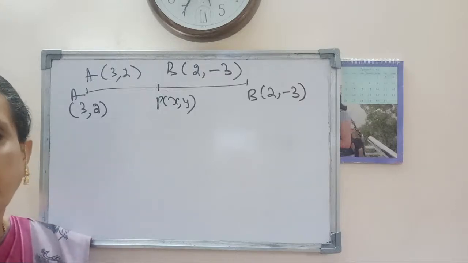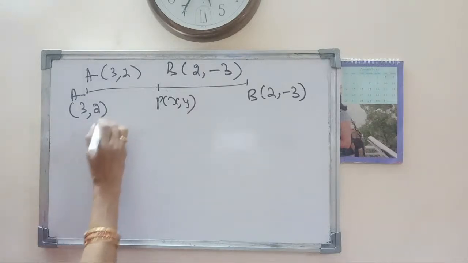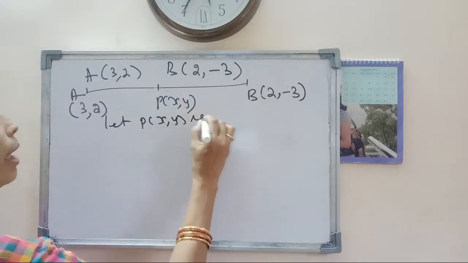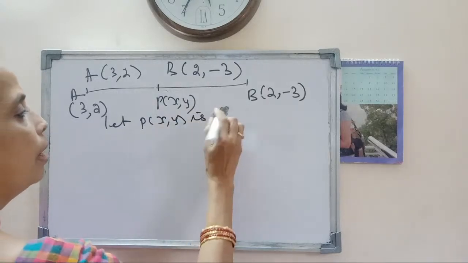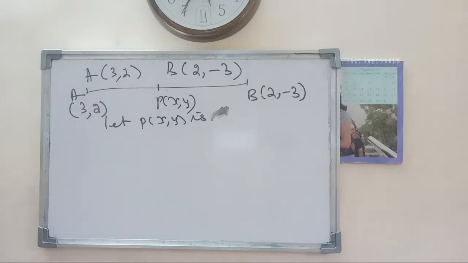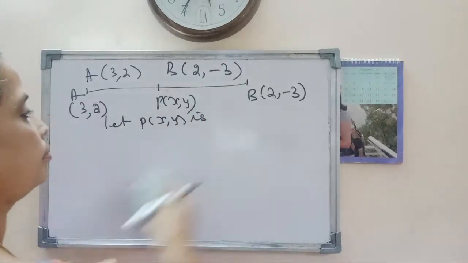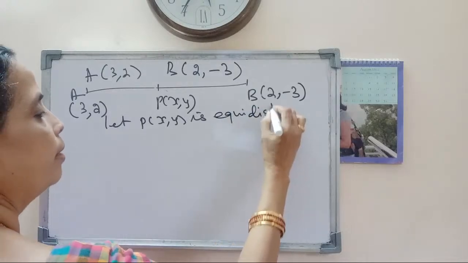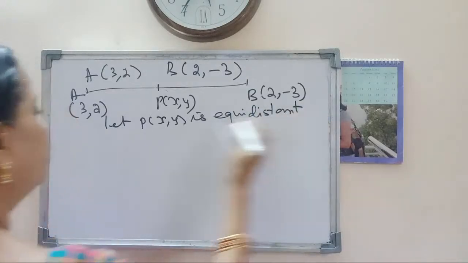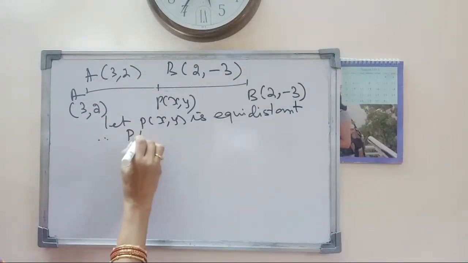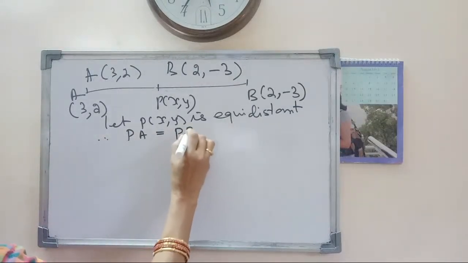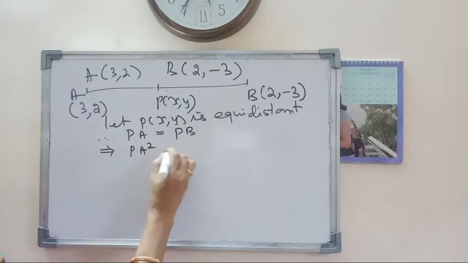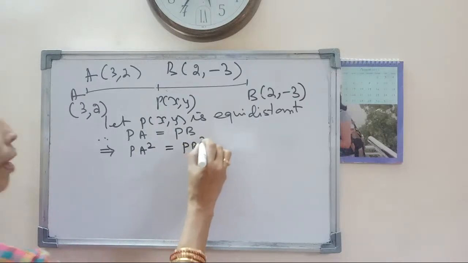You have to calculate. So it is given, let P (x, y) be equidistant. Therefore, PA equals PB, which implies PA square equals PB square.